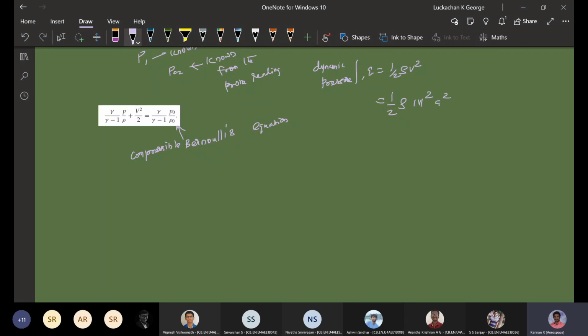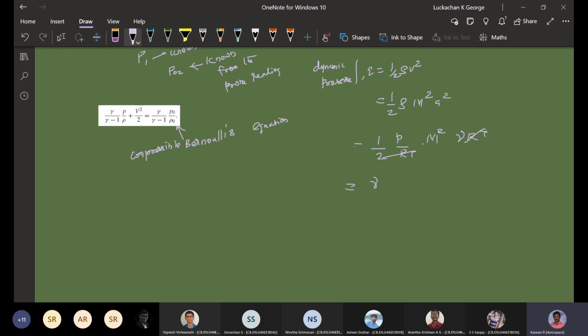Further, I can write it as 1 by 2 P by RT times M square A square, and A square is gamma RT, so RT cancels out.